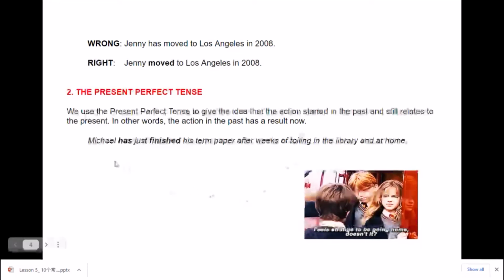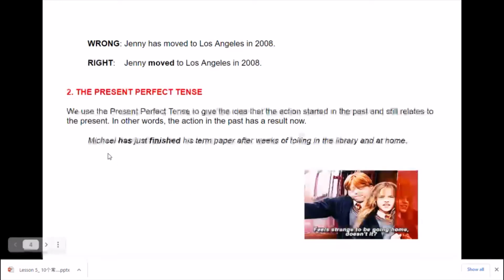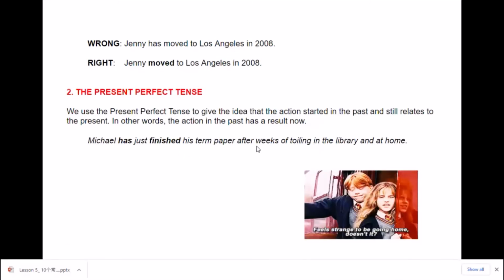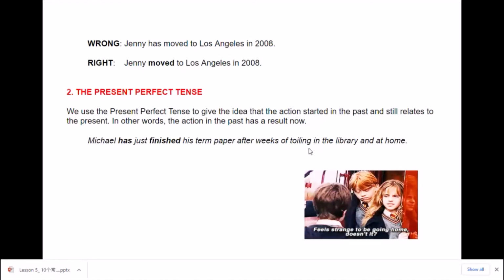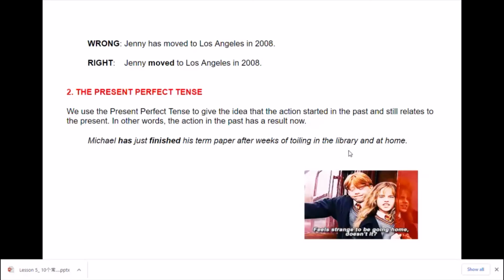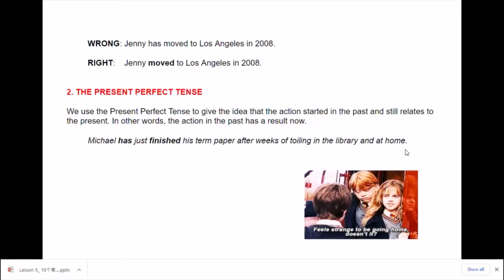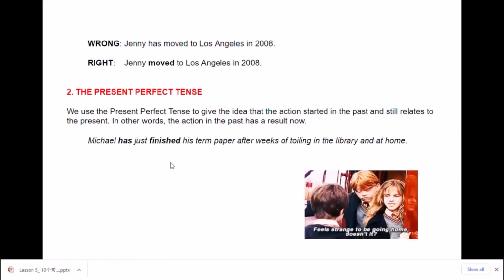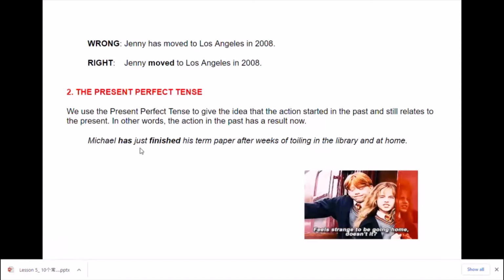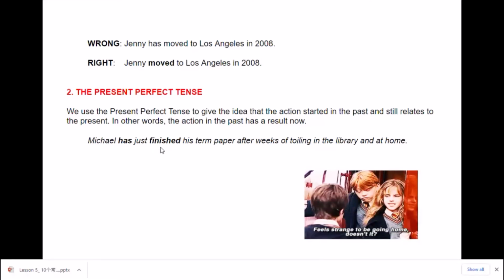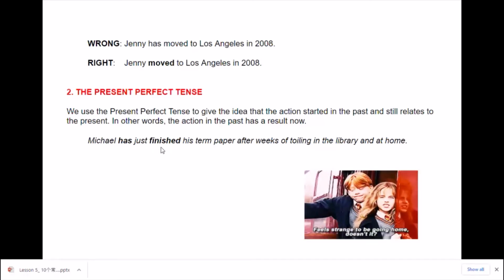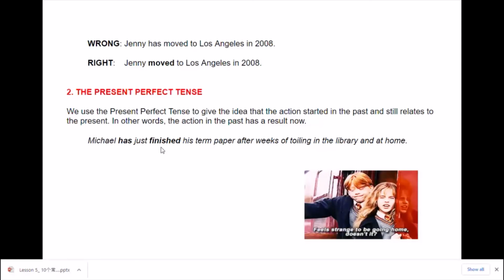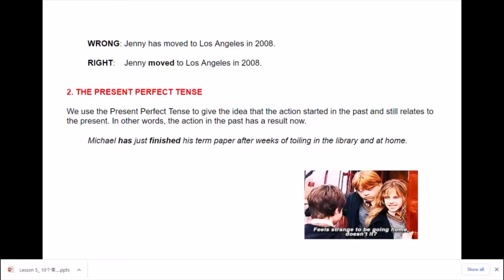For example, Michael has just finished his term paper after weeks of toiling in the library and at home. Has just finished because Michael began his term paper in the past.